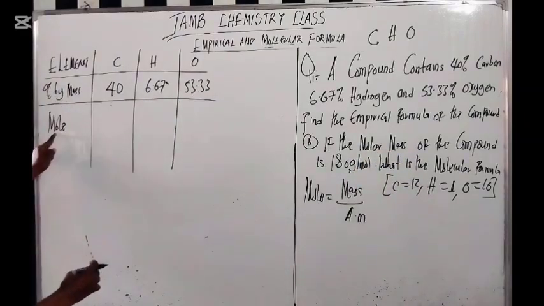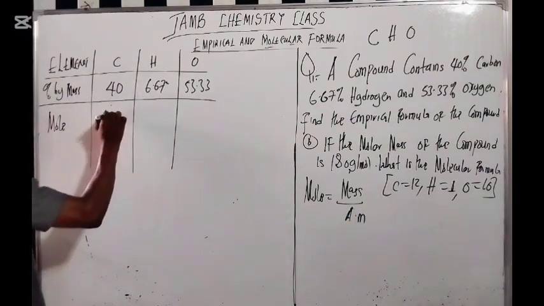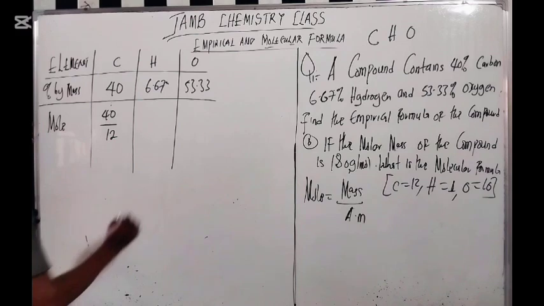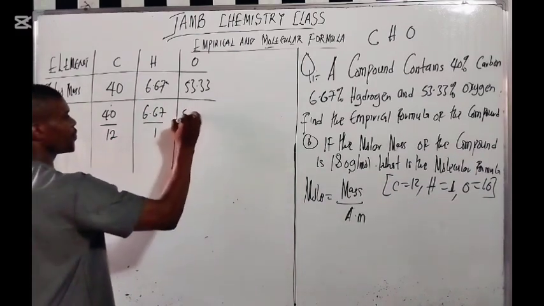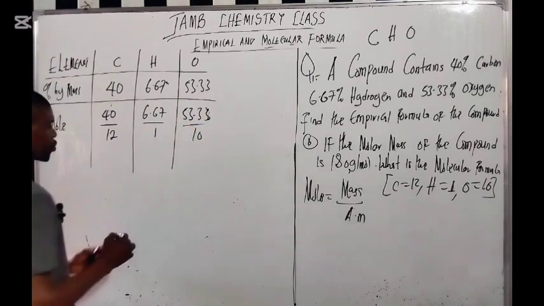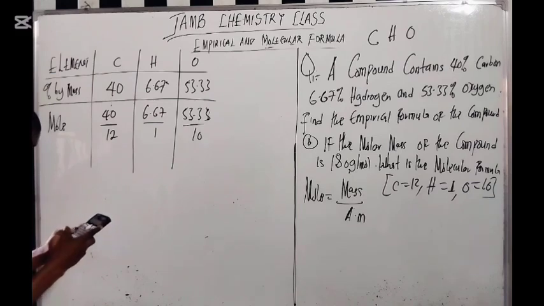So now let's get the mole here. It's going to be mass over the atomic mass. So it's going to be 40 over 12. Here we have 6.67 over 1. And here we have 53.33 over 16, right? So let's bring out our calculator. Here we have 40 divided by 12.